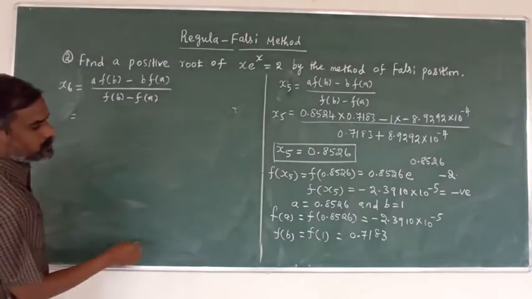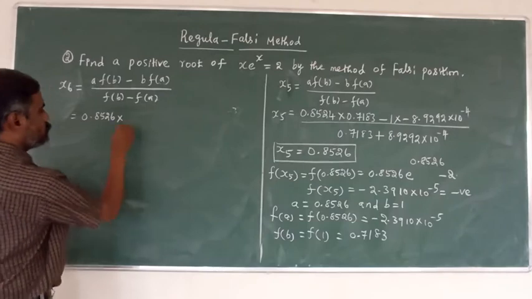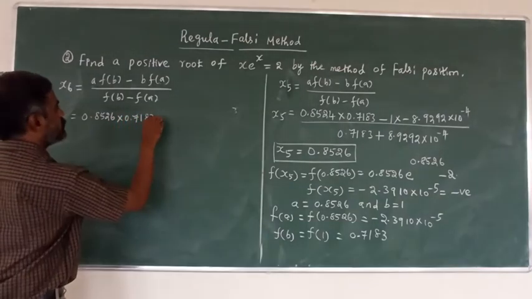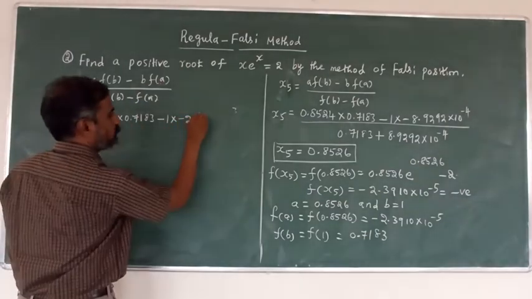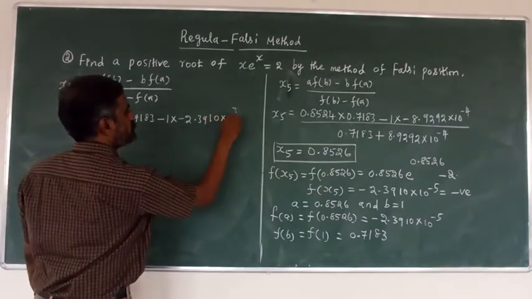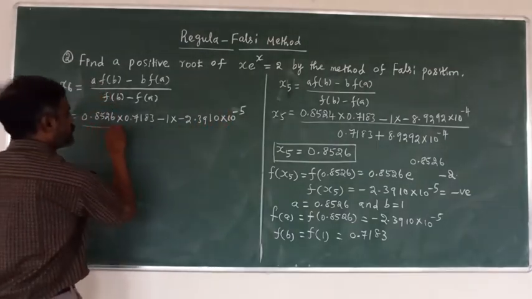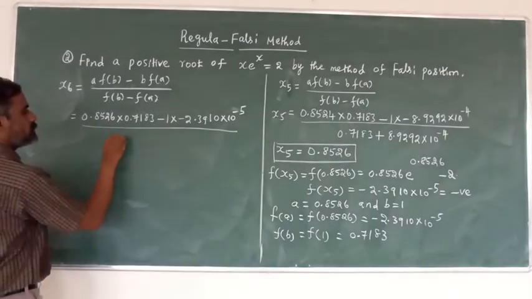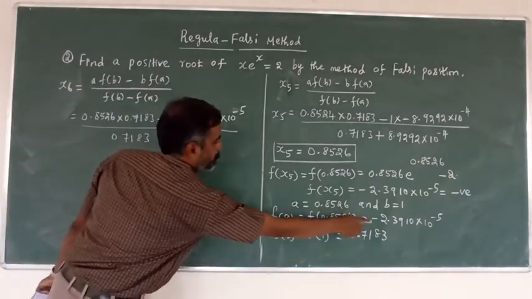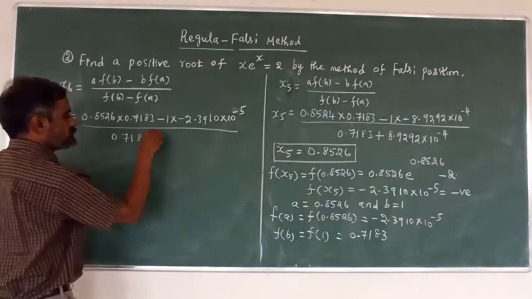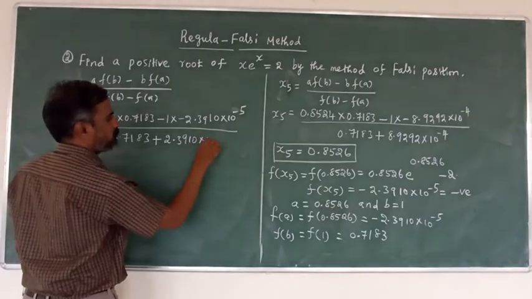A value 0.8526 into f of b value 0.7183 minus b value 1 into f of a value minus 2.3910 into 10 to the power of minus 5, divided by f of b value 0.7183 and f of a value minus, and here one more minus, it will change into plus 2.3910 into 10 to the power of minus 5.